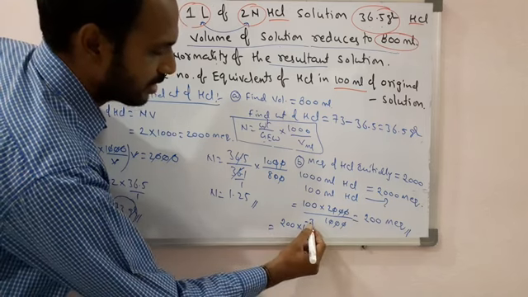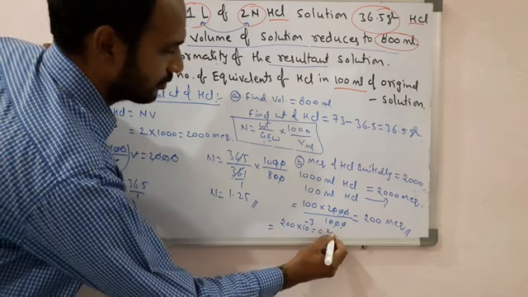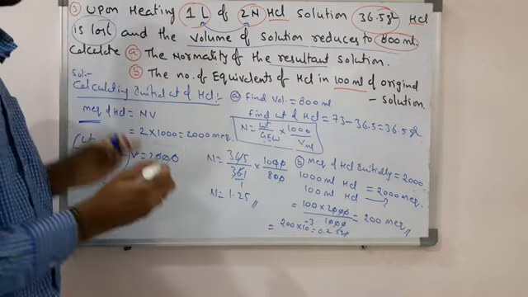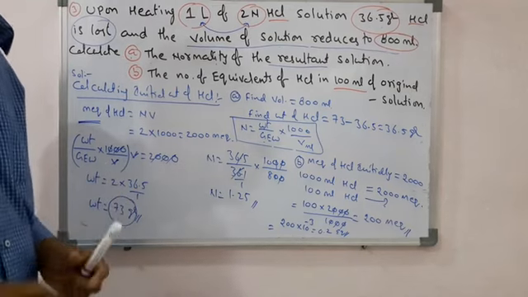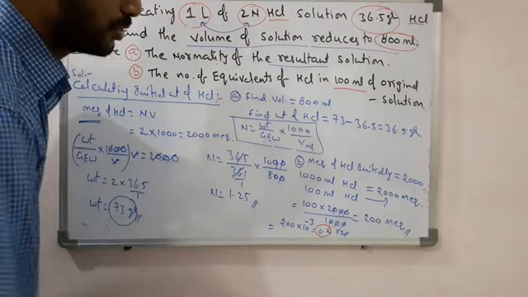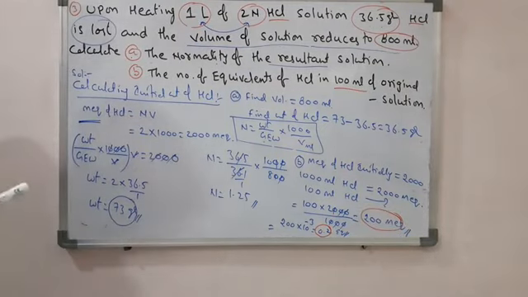So that is equal to 0.2 equivalents. So the number of equivalents present is 0.2, which is equal to 200 milli equivalents.